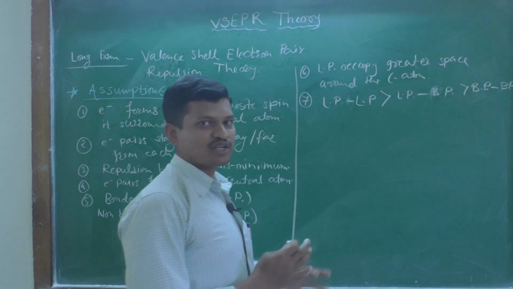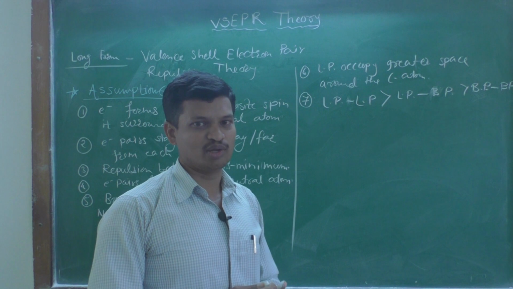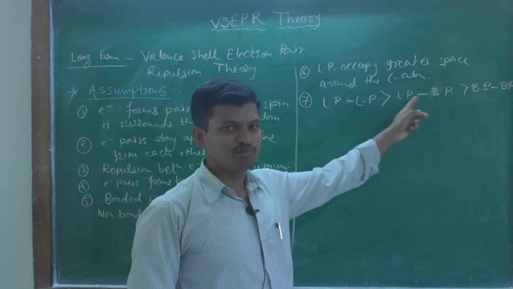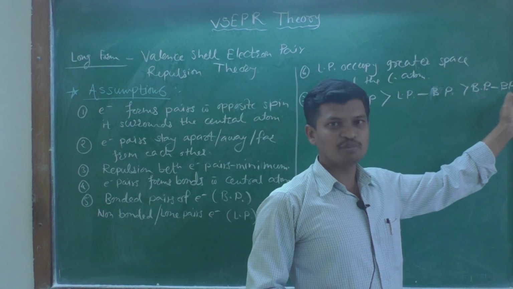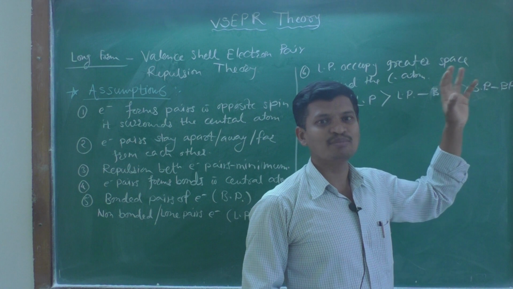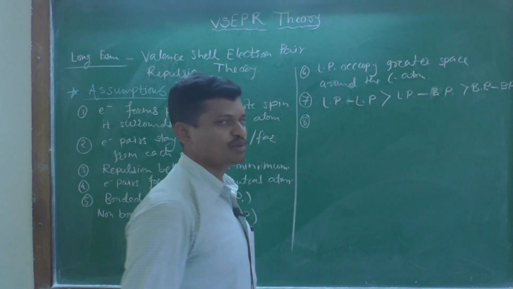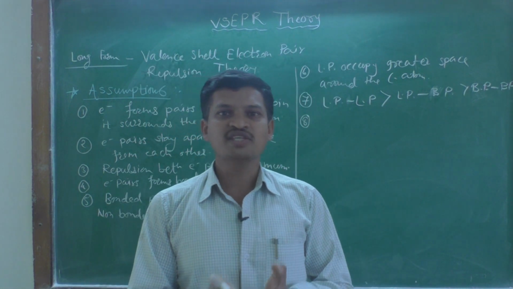This is the strategy to predict the shape of the molecule. So LP-LP is greater than LP-BP, which is greater than BP-BP.